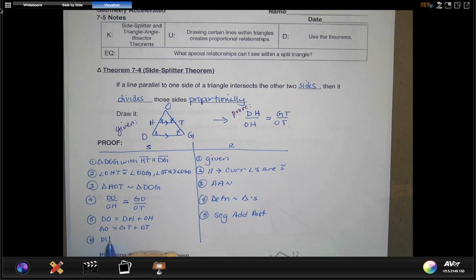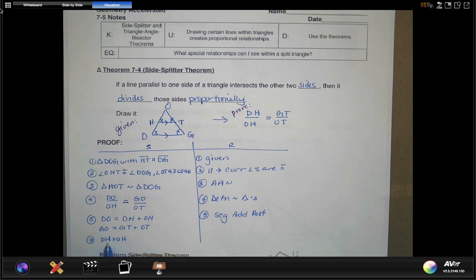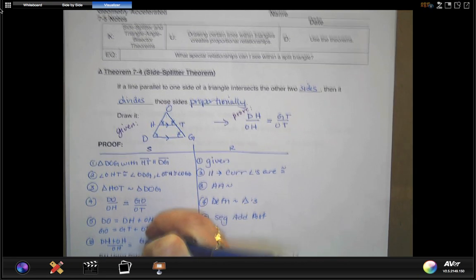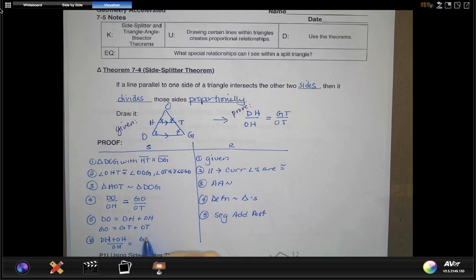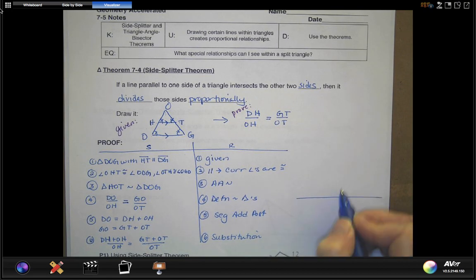So I could write this like this. DH plus OH over OH is equal to GO over OT, is equal to GT plus OT over OT. I just did substitution. I need more room.